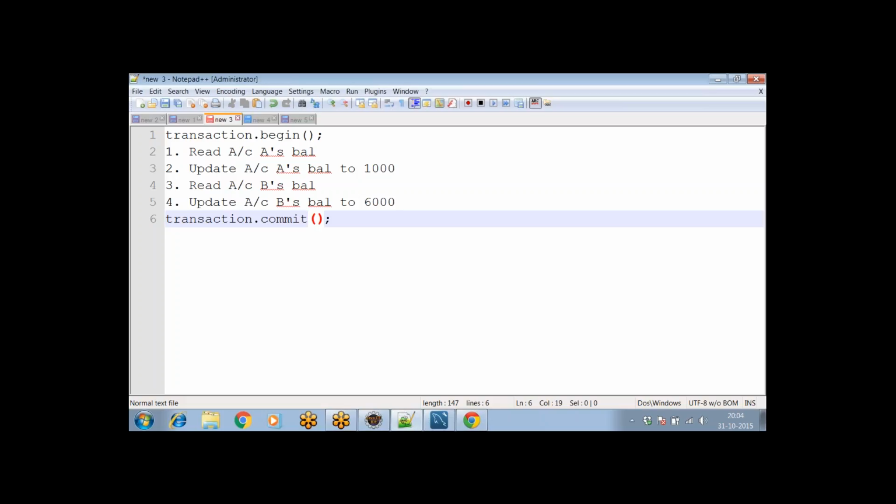We use begin and commit to draw the transaction boundaries, which define the set of DB operations we want to be a single unit.